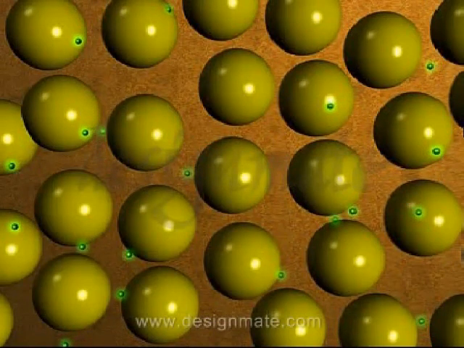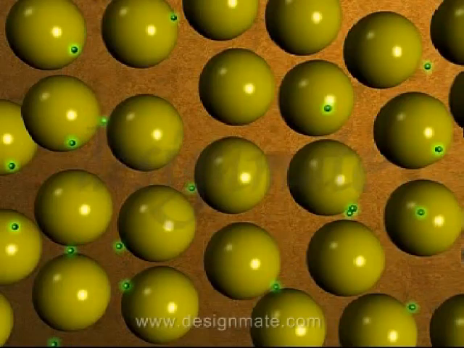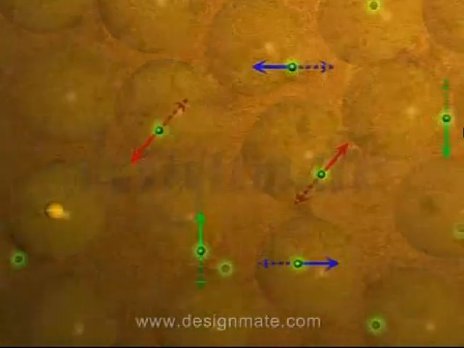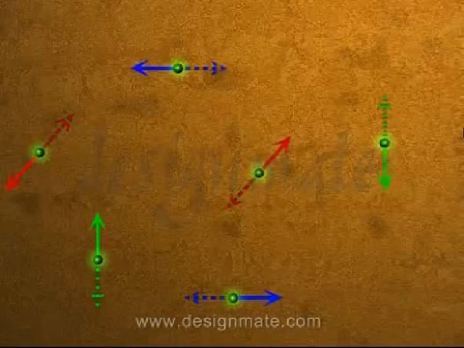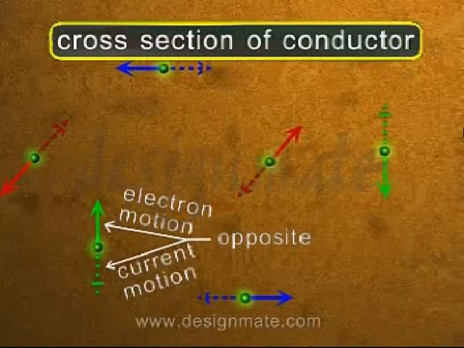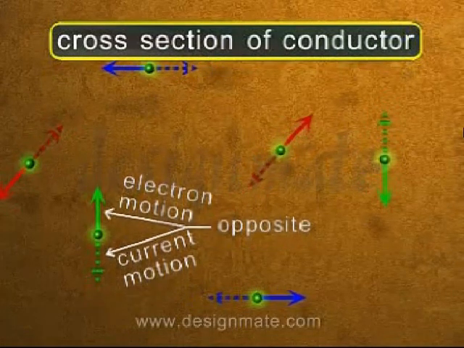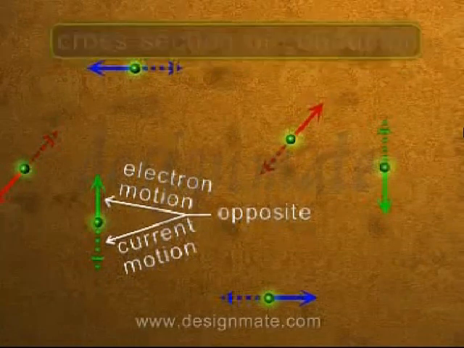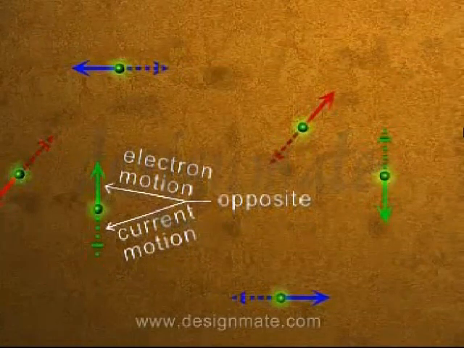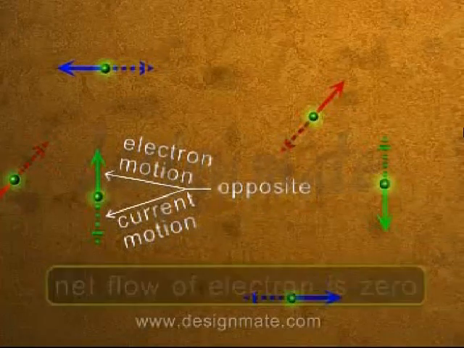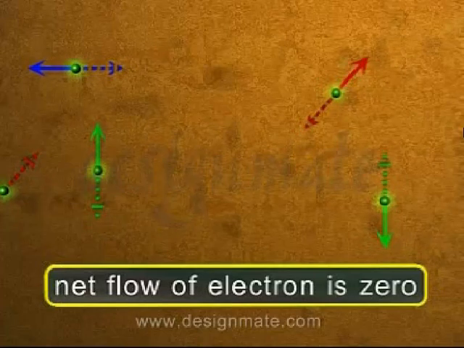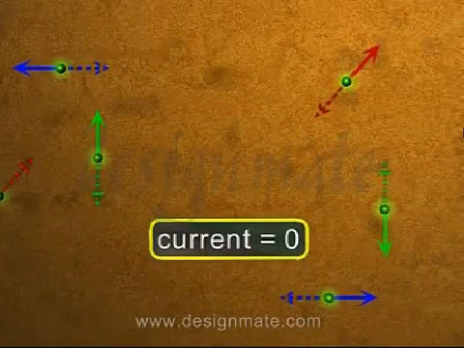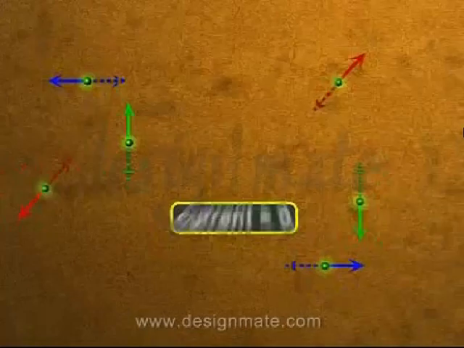The free electrons move in the space between the ions in a random fashion. In the absence of an external electric field, if we consider any cross-section across the conductor, the number of electrons crossing it in all directions are equal. Hence, the net flow of electrons across the cross-section is 0, which means there is zero current.